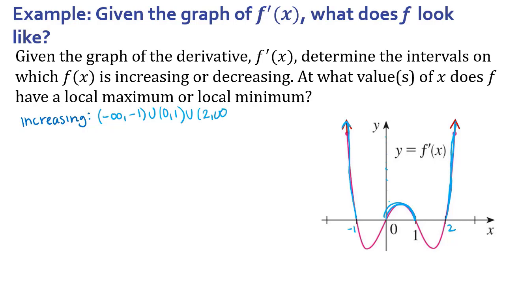For decreasing, we can see this function is decreasing, and that happens when your first derivative is negative. So those y values, those output values, are negative here between negative 1 and 0, and then they're negative again here between 1 and 2.